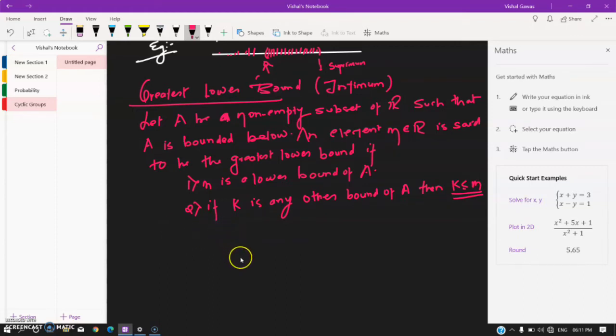Note one thing, that least upper bound and greatest lower bound are unique.